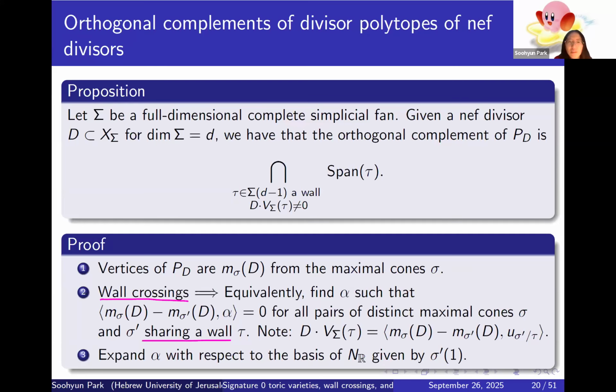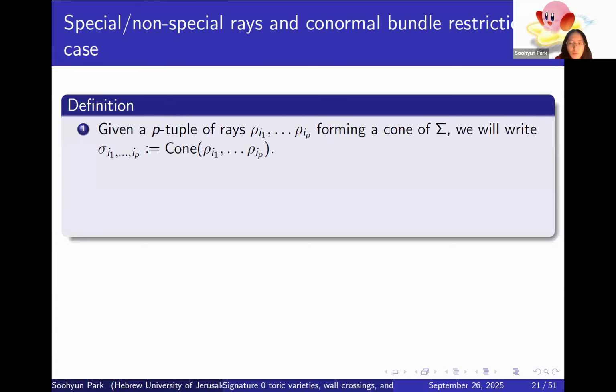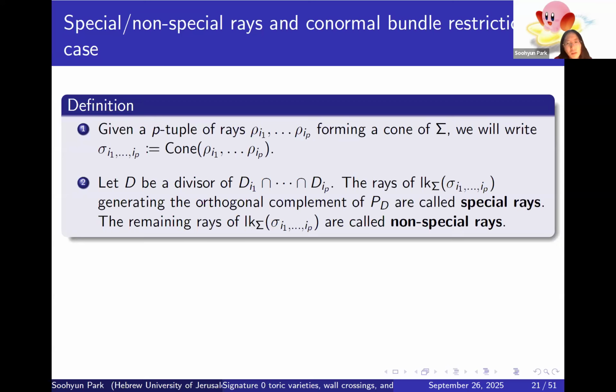Okay. All right, so before I move on, we're just going to go over some notation we're going to use repeatedly. If we index some collection of rays forming a cone by some set, we're just going to write sigma and elements of that index set. For our particular setting, the rays that end up generating the orthogonal complement, we're going to call the special rays, and the other rays are going to be called non-special because they're not special.